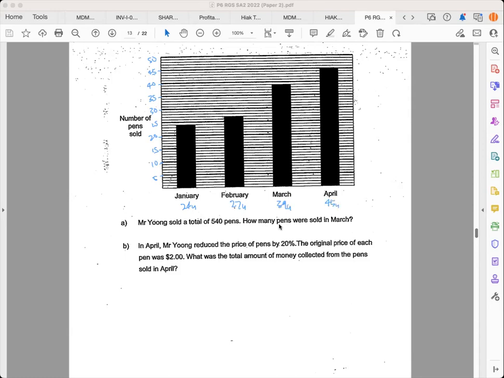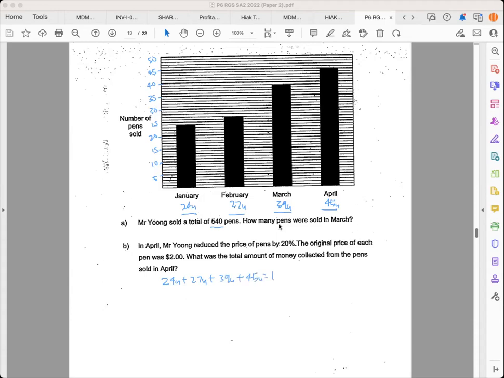Mr. Yong sold 540 pens. 540 pens will be equal to how many units? It will be equal to this plus this plus this plus this. That will give you 24U plus 27U plus 39U plus 45U.